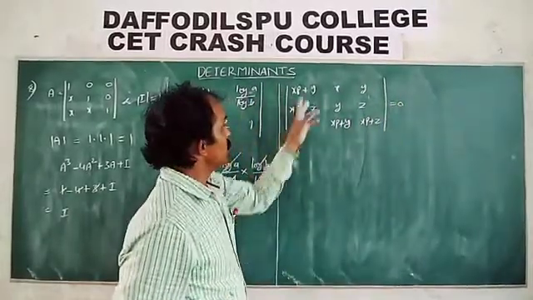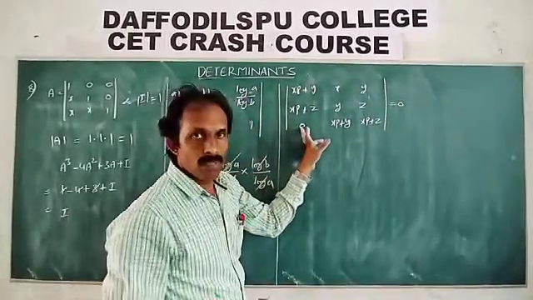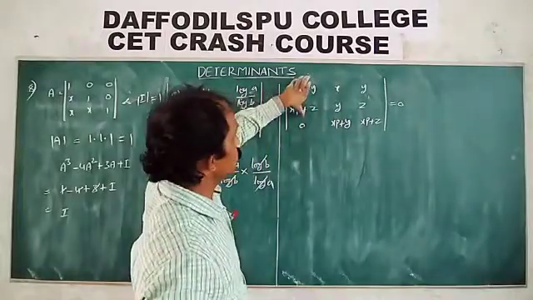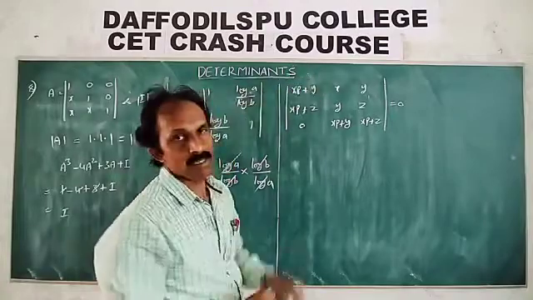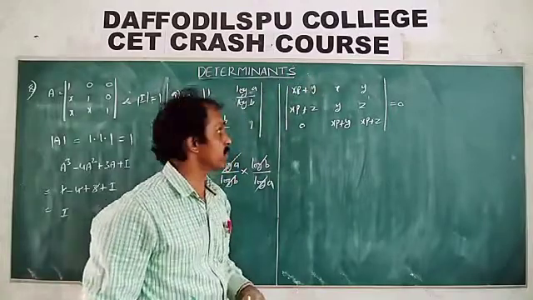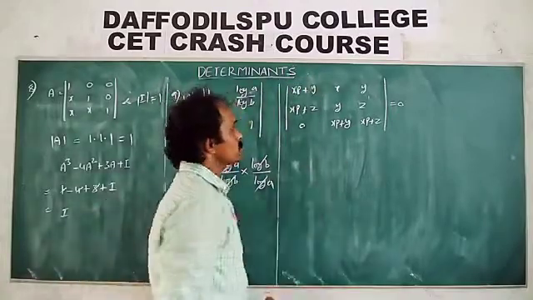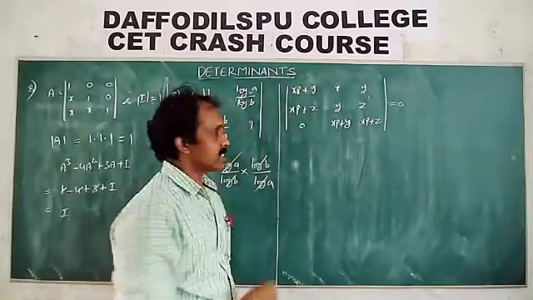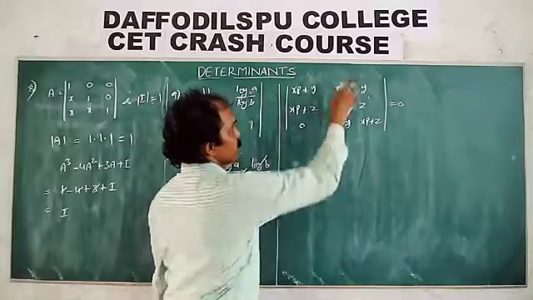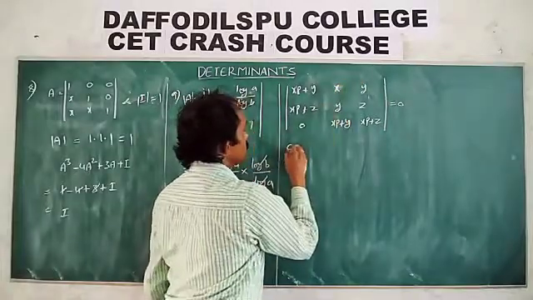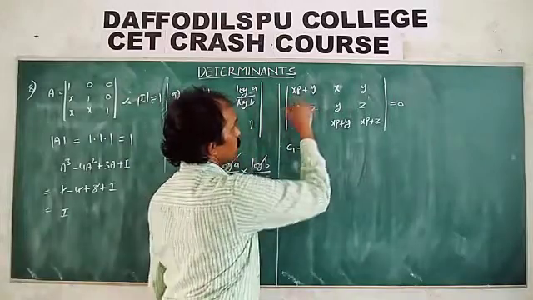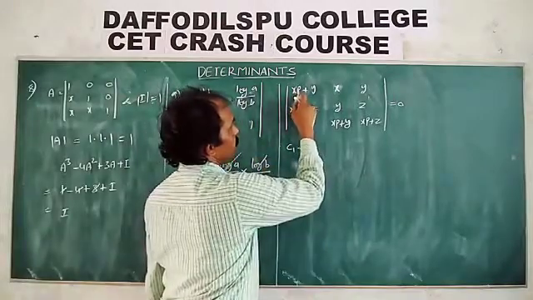This type of problems, either this column or this row, to make 0 these two elements. To make 0 these two elements. Okay. So I will make first column of elements. How to make 0? How to do? C1 gives first element consider xp.